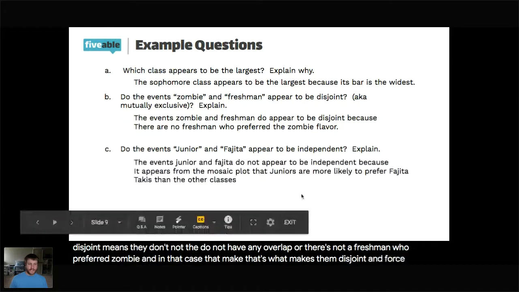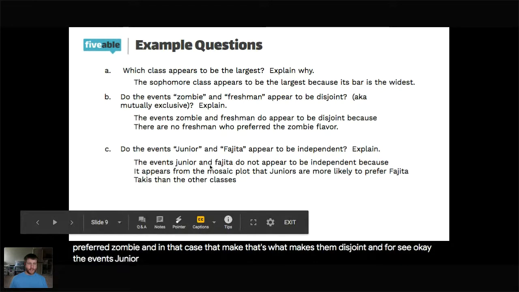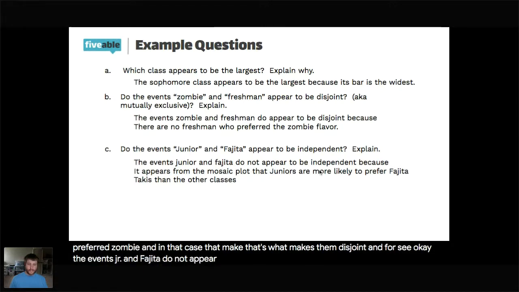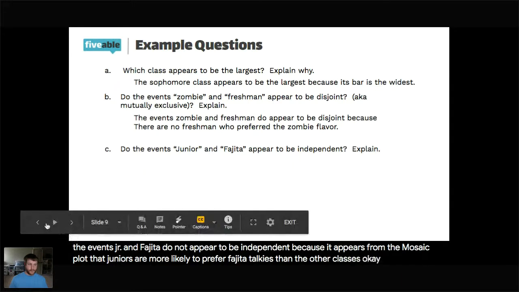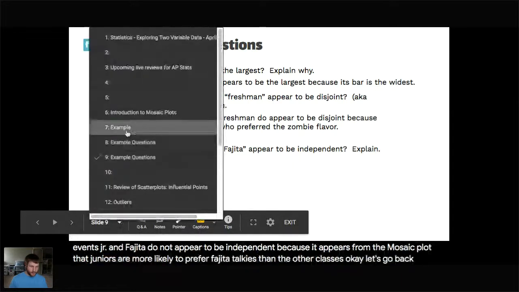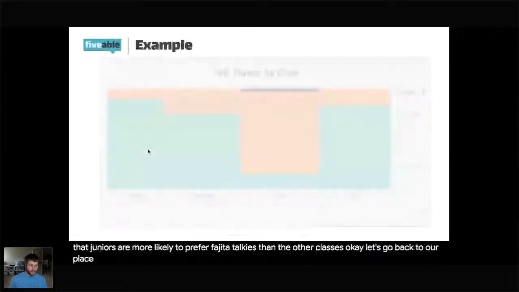And for C, the events junior and fajita do not appear to be independent because it appears from the mosaic plot that juniors are more likely to prefer fajita Takis than the other classes. Okay, so let's go back to our plot.